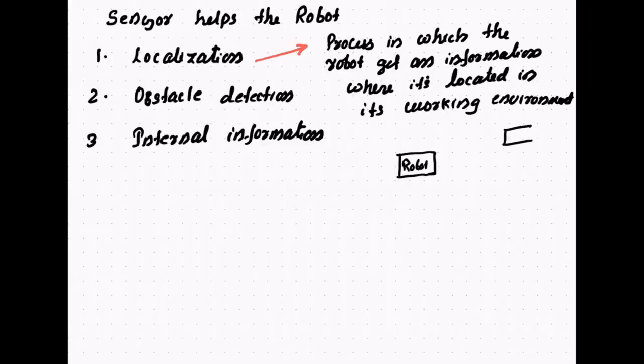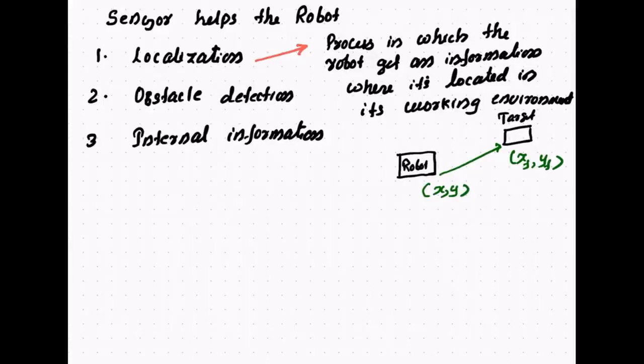Now consider a robot and a target. Assume that the robot is a wheeled robot, that means a robot which can roll on the ground. The current location of the robot is X, Y, and the robot needs to move from the current location to X final, Y final, where the target is located.